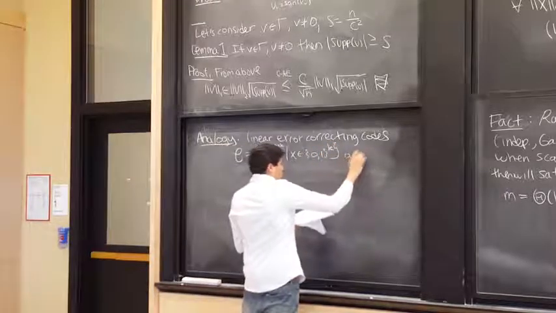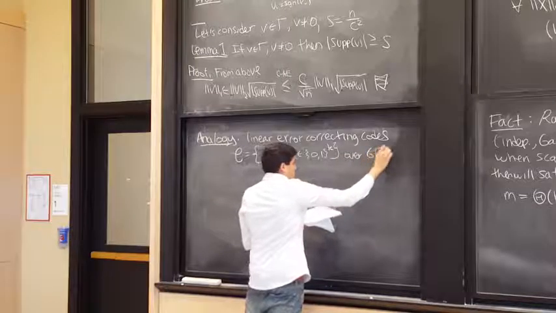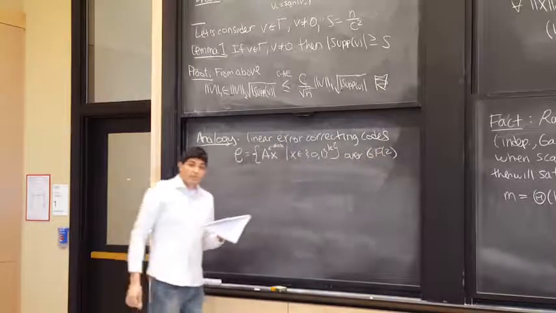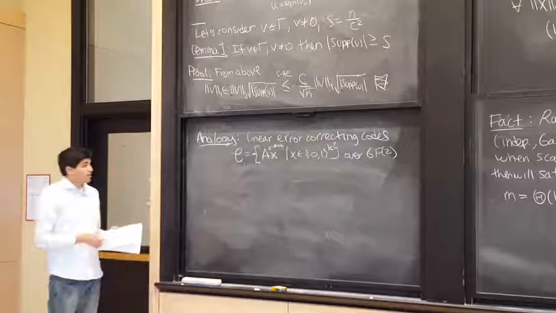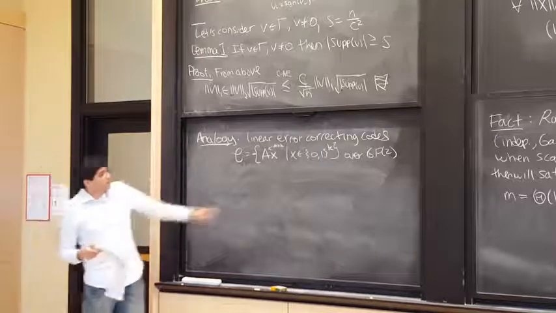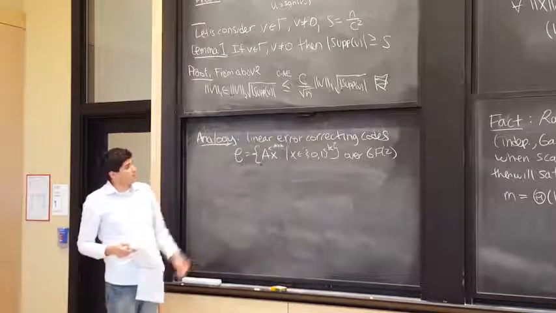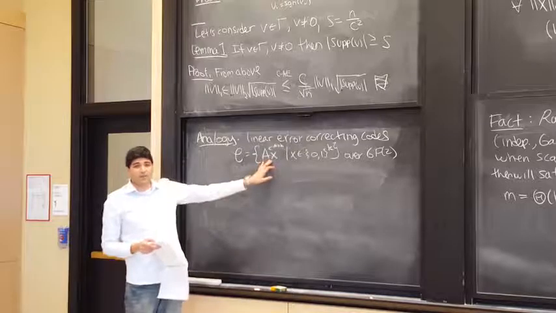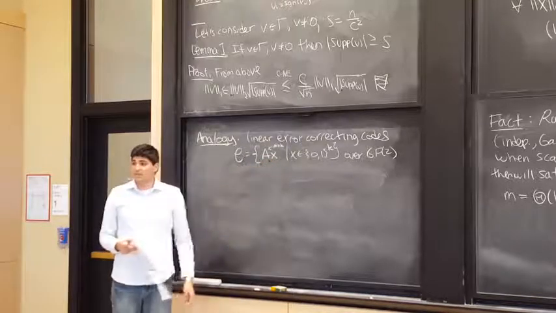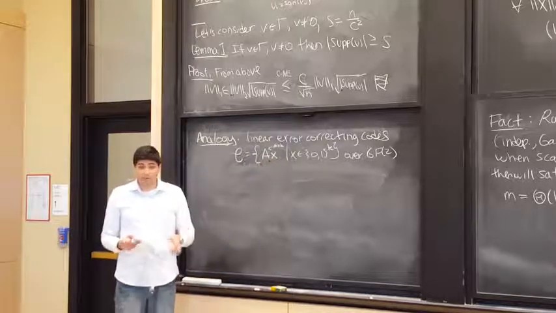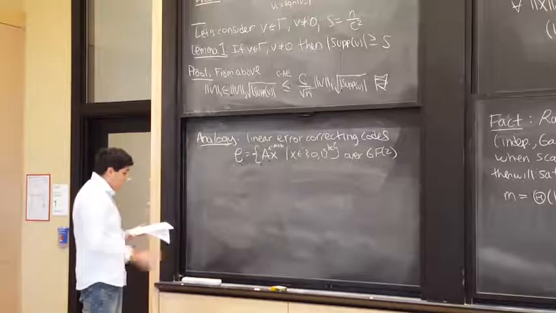And we do this over GF2. So this is usually how you do error correcting codes, is you actually create what's called the generator matrix, and this gives you a way of taking a message of length k and turning it into a message of length n over the binary alphabet.